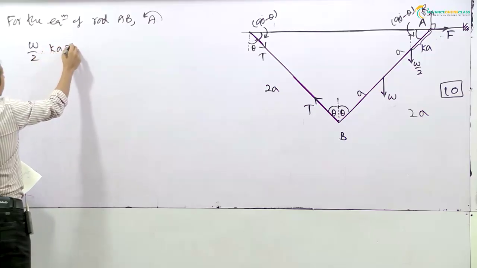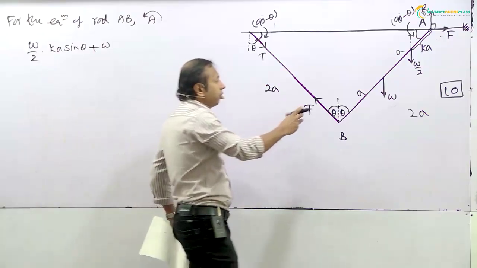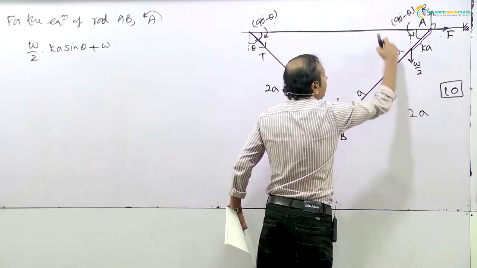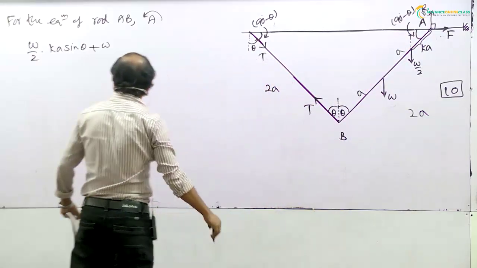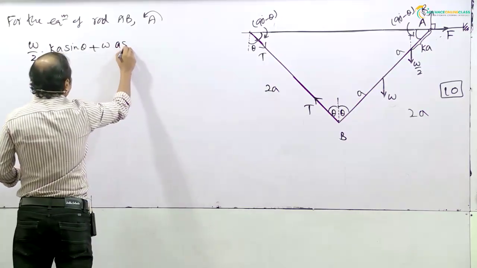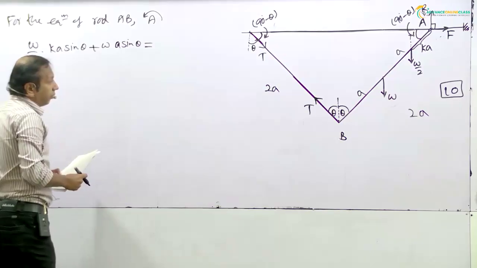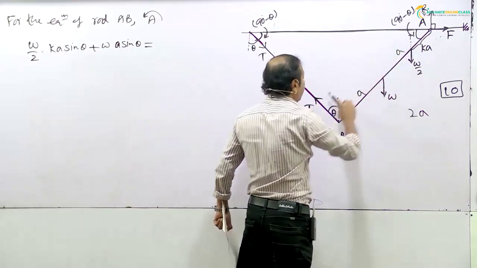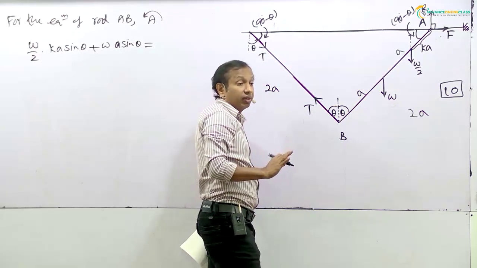W times, when I produce this, here a, here 90 minus theta. This length is a cos(90 minus theta), a sin theta. Now this T, when you take the moment around A, you can't find the perpendicular distance directly.